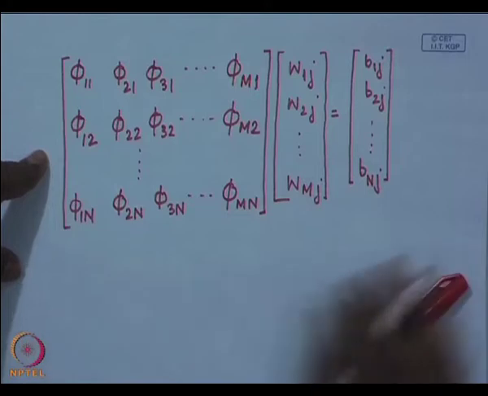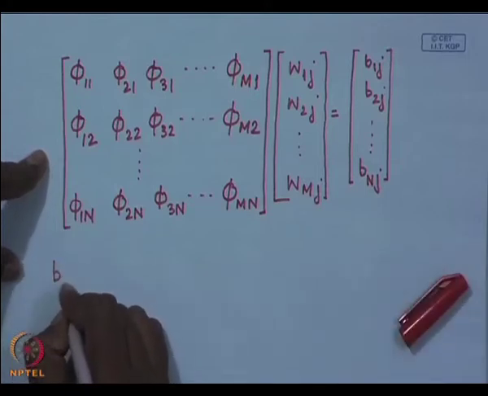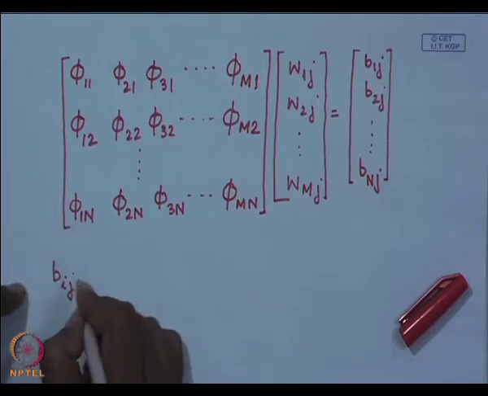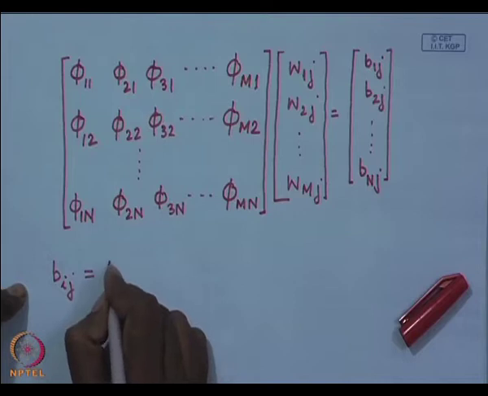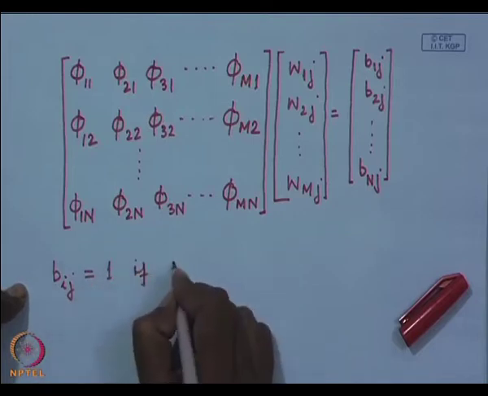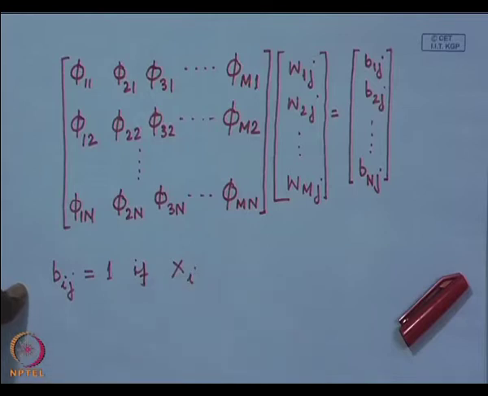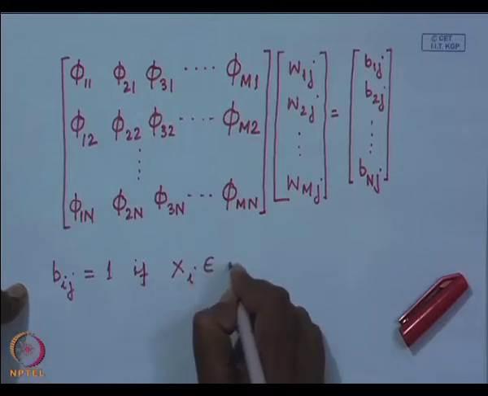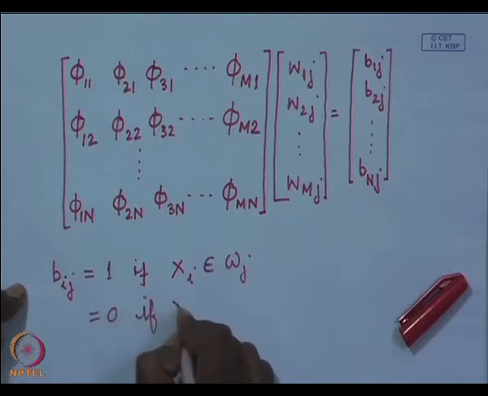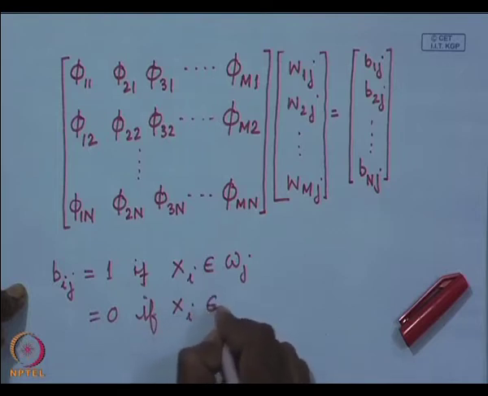So, every b i j will assume a binary value, either 0 or 1.